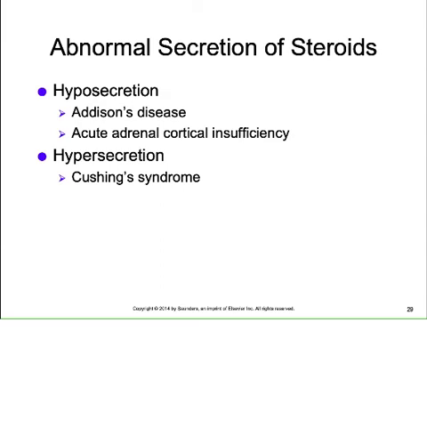Addison's disease is a result of low production of cortisol, okay? Adrenal cortical insufficiency. With Addison's disease, what are you going to see? Well, you have a deficiency in the production of cortisol.